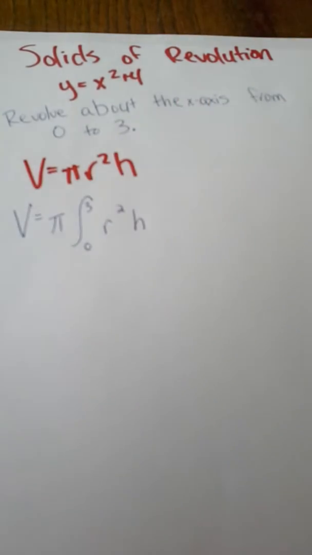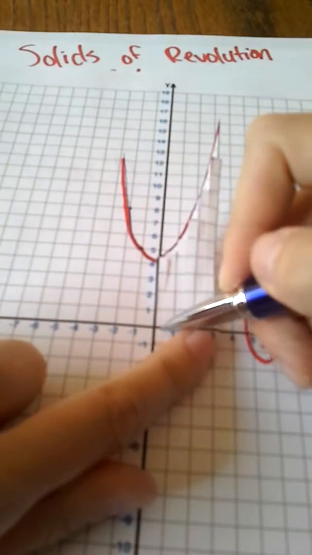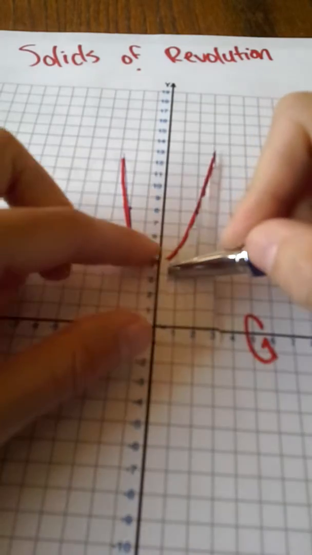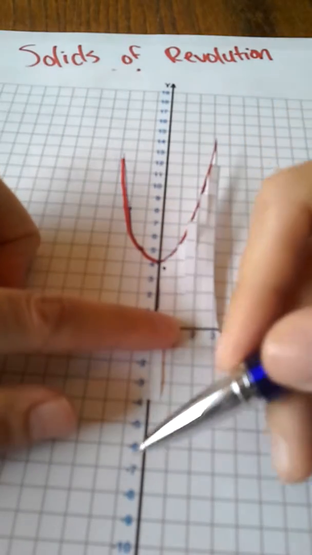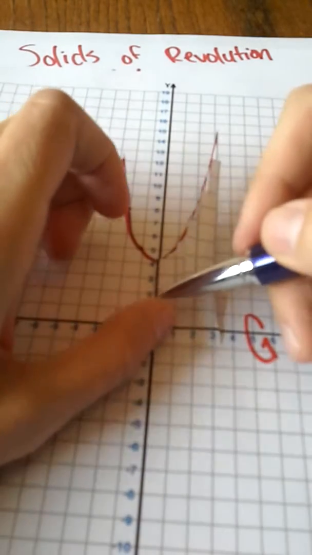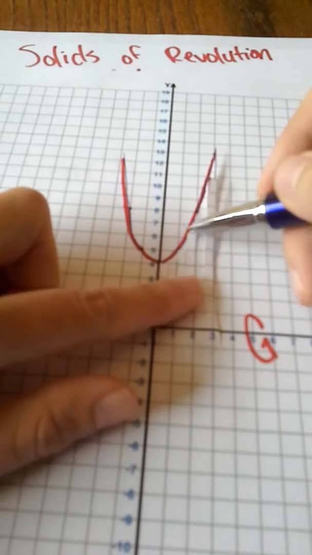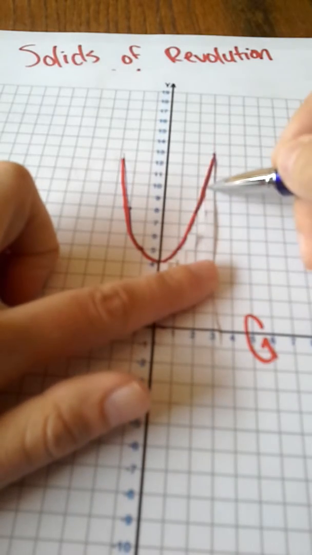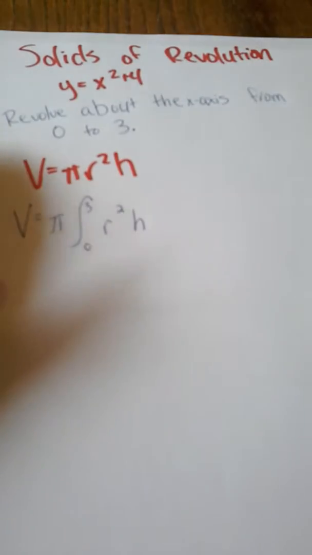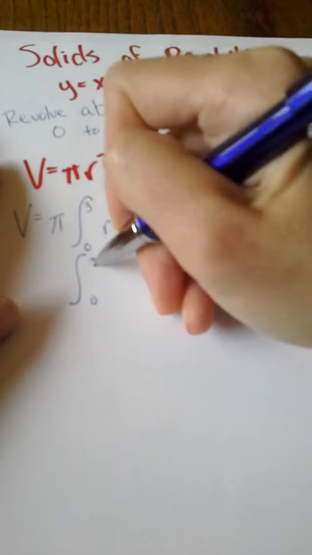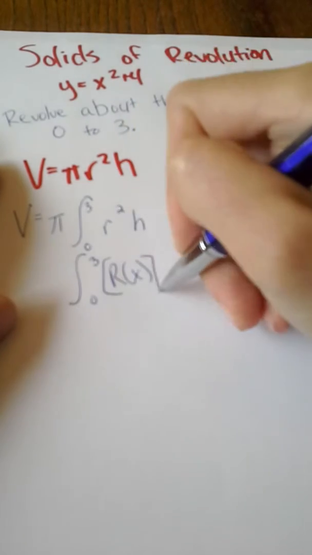Going back to the visual, r is the distance from the x-axis to the curve. That will give you the radius. As it comes up and down, it'll be the same in this direction and this direction. That distance is given by the function, because the radius is going to be different for each piece. However, we can find the radius based on the function. So our radius is some function squared.